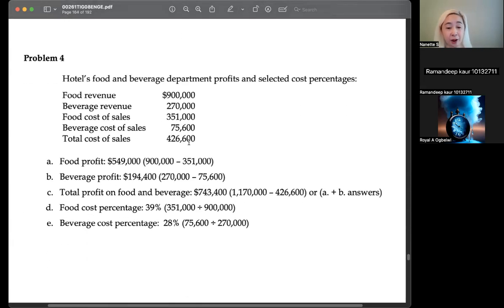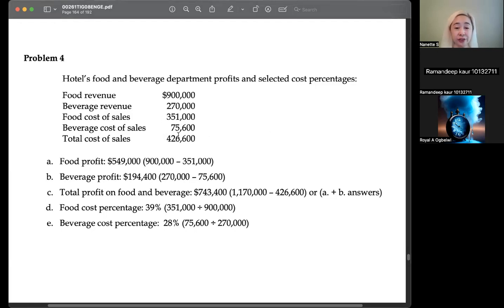So here's another problem where you have your food and beverage department. How much is your revenue coming from food? 900,000. Revenue coming from beverage is 270,000. But how much is your food cost of sale? 351,000.